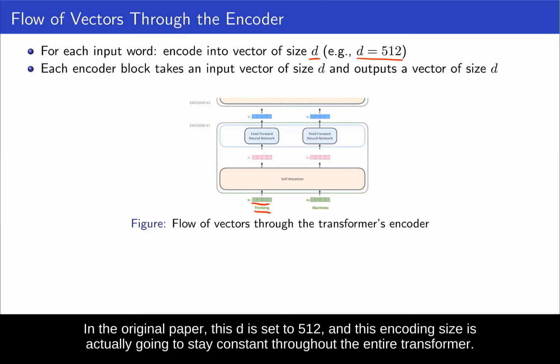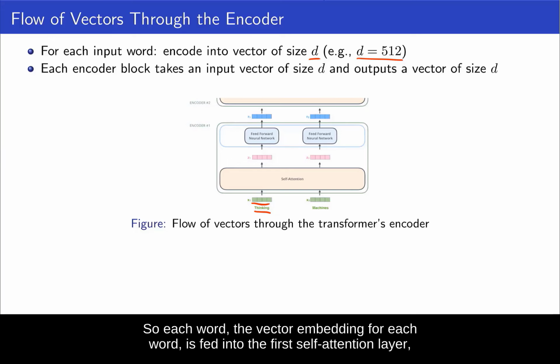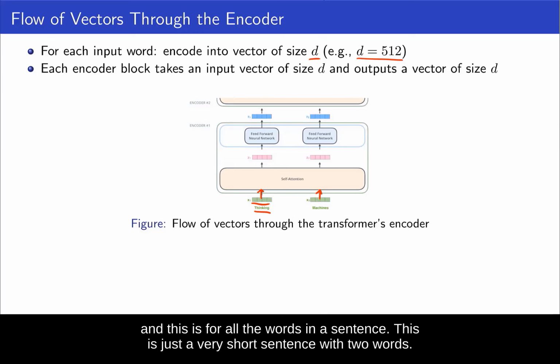And this encoding size is actually going to stay constant throughout the entire transformer. So the vector embedding for each word is fed into the first self-attention layer. And this is for all the words in a sentence. This is just a very short sentence with 2 words.